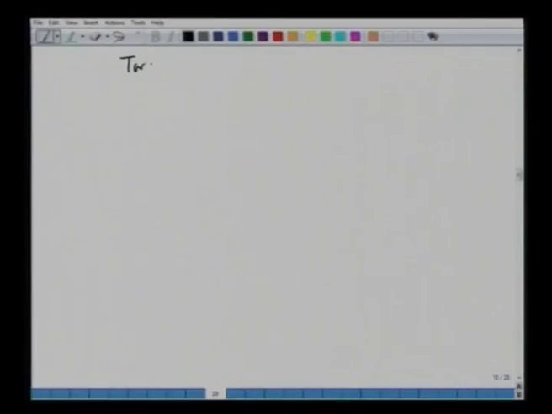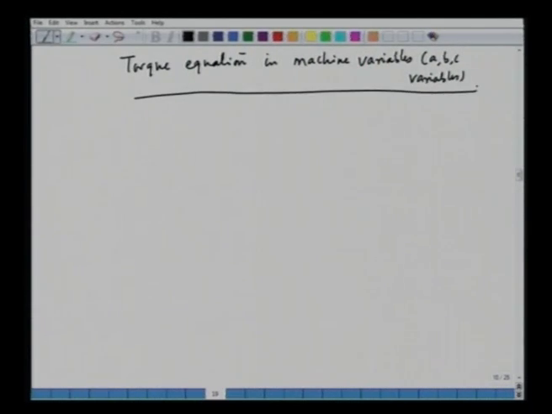Now, let us see how we can find the expression for the torque. Torque equation in machine variables means ABC variables. So we are interested in finding the equation for the torque in ABC variables. Now, how is the torque produced?